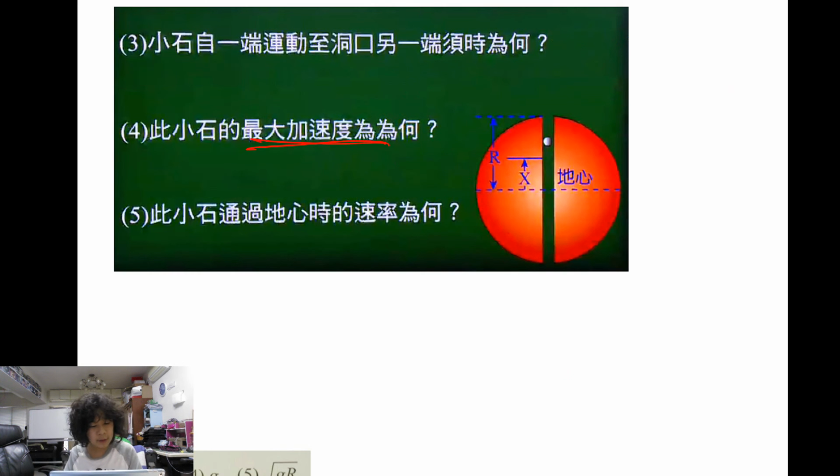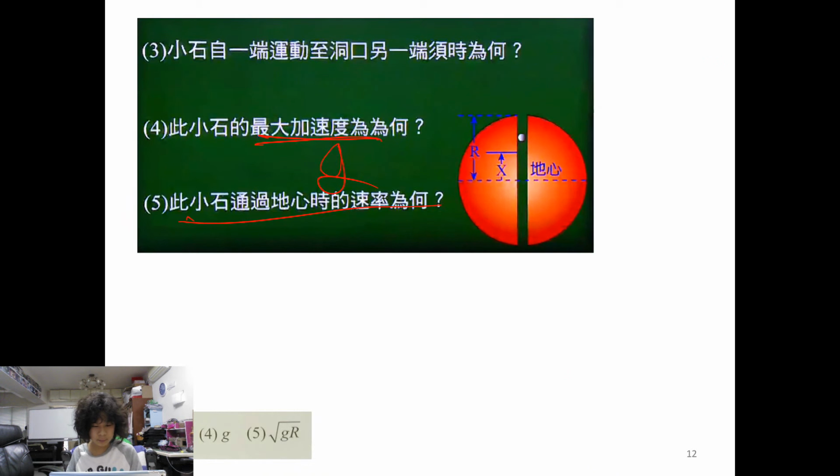Now it's asking for the biggest variable, g, and what is the velocity.